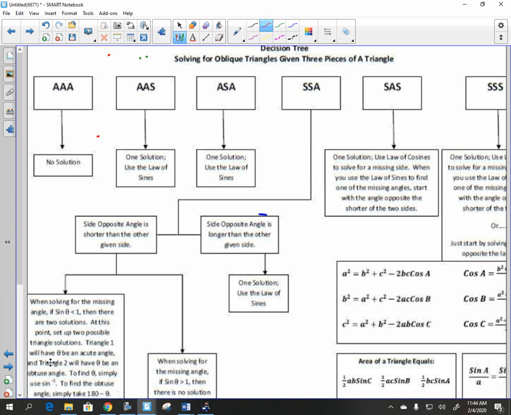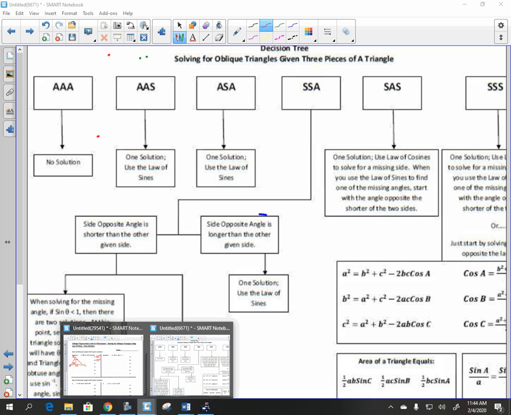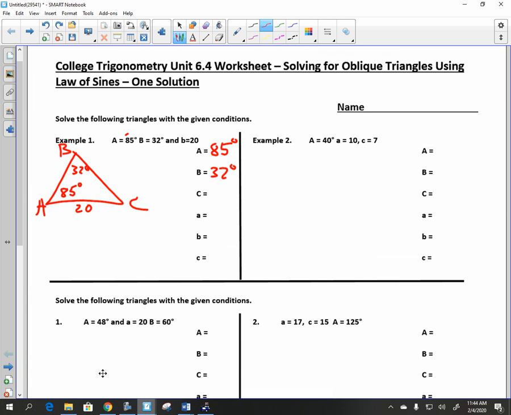Yeah. So we're going to help you guys understand how to make sense of these, okay? So we're going to tell you what these mean, and we're going to start to classify them in just a second here. If I look at this situation right here, I've got two angles, and I've got one side, agreed? So the question is, is this an angle-side triangle, or is it an angle-side-angle triangle? Which one is it?